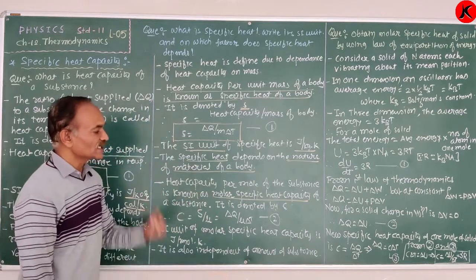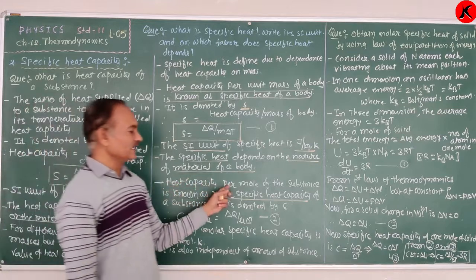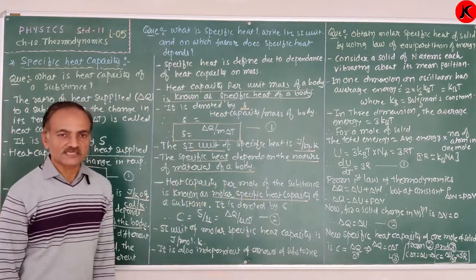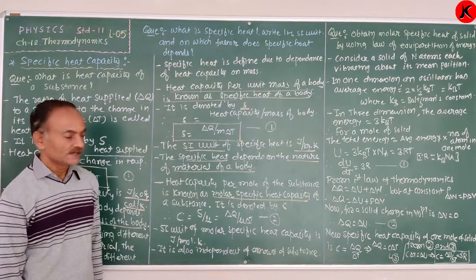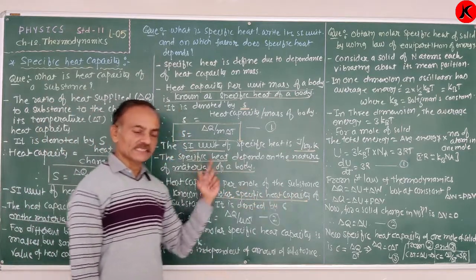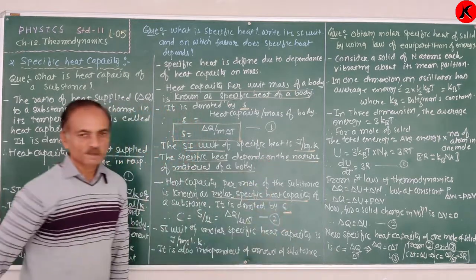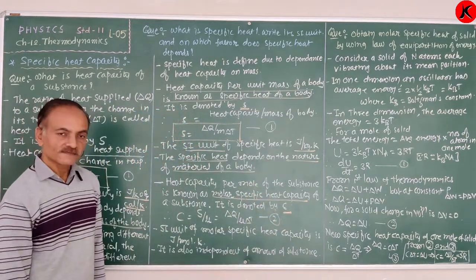Again, what is the molar specific heat capacity? Heat capacity per 1 mole of the substance is known as the molar specific heat capacity of a substance. It is denoted by C.